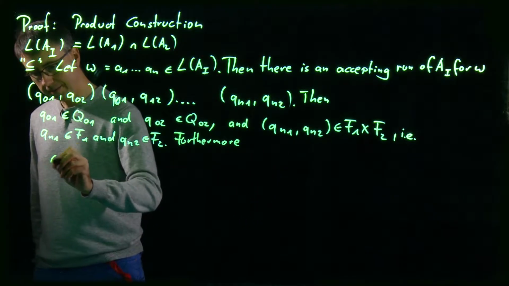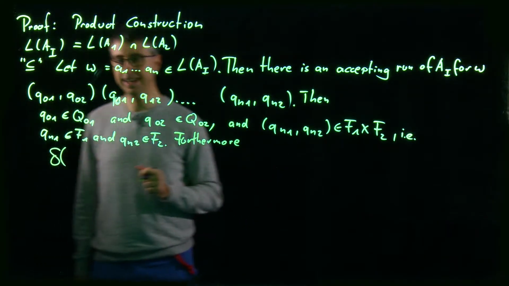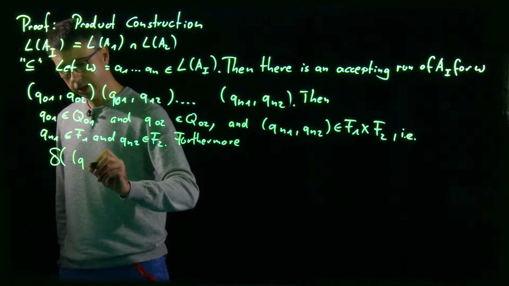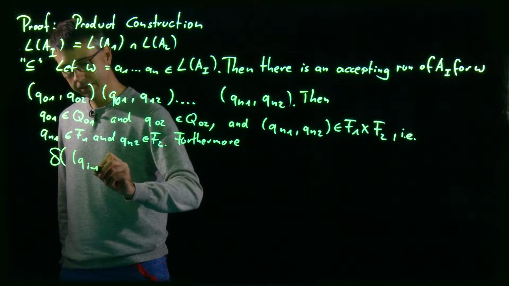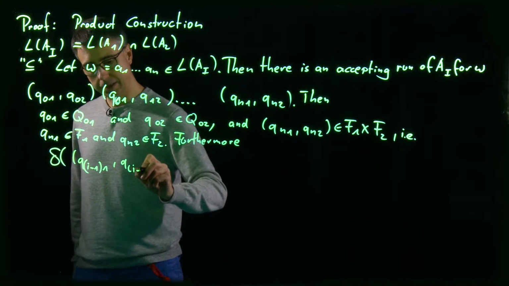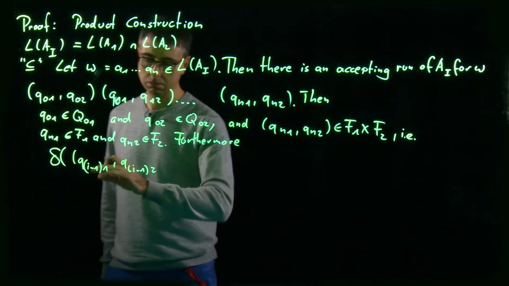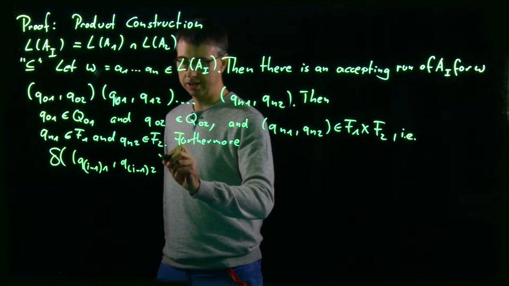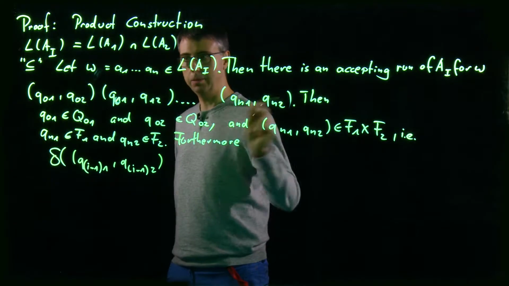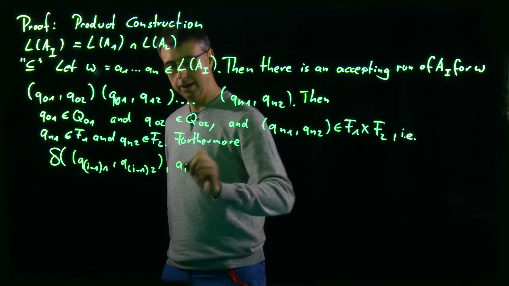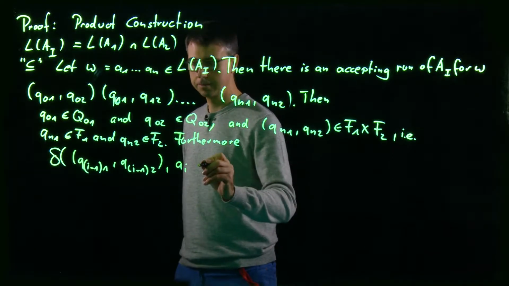We know that if we take a state in the run, the state is a pair, let's say (q_{i-1,1}, q_{i-1,2}), so one state in the first automaton and one state in the second automaton as a pair, which is one element here in the run, and the letter a_i.